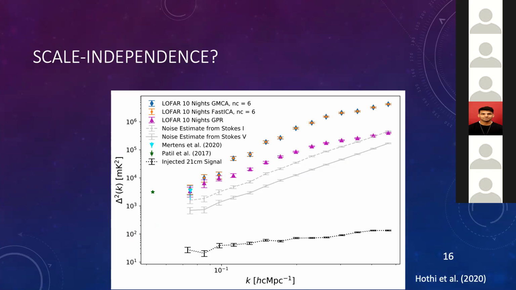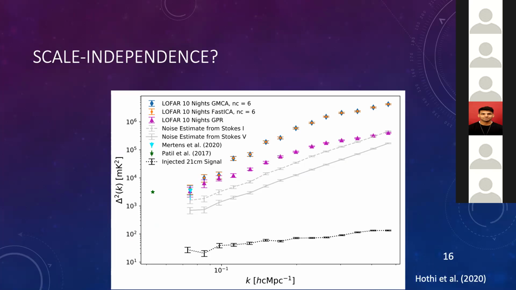The way fast ICA and GMCA work is, if I say look for 6 components, it looks for 6 components at all scales. But we know that at the highest K scales there is a greater number of independent components, and so 6 components is no longer sufficient to model the foregrounds.